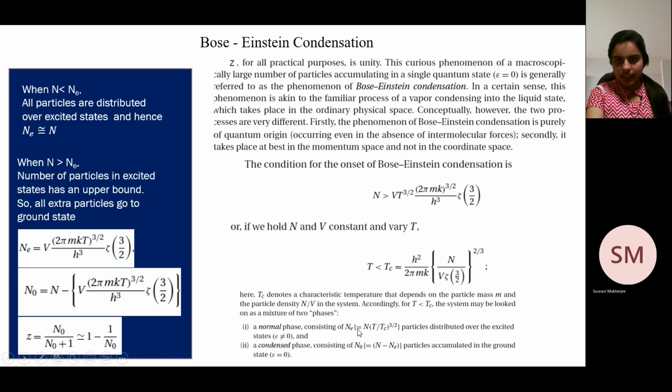If you look at the expression for Tc, you'll see that it varies as n to the power 2/3, so given some temperature you can find the number of particles Ne. So for temperatures lower than the critical temperature, there are two phases: one where the particles are in the excited states, and another, condensed phase, where the particles are accumulated in the ground state, epsilon equal to 0. This is what is called Bose-Einstein condensation.